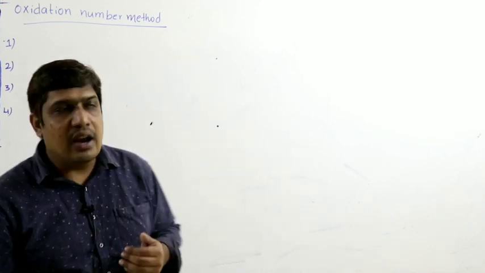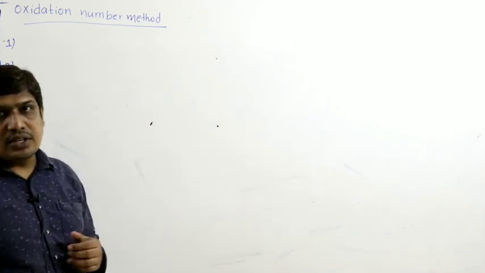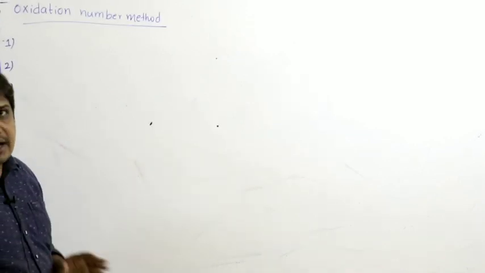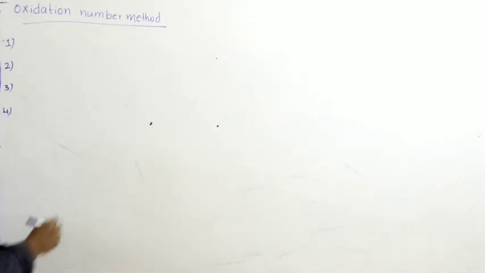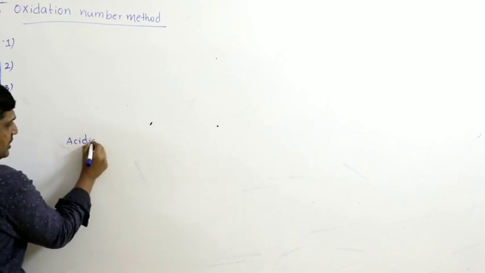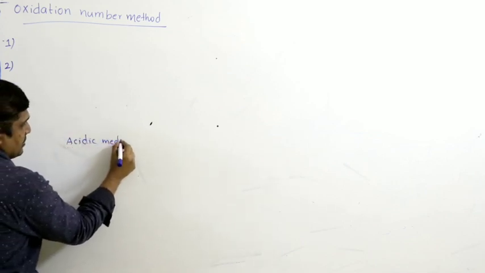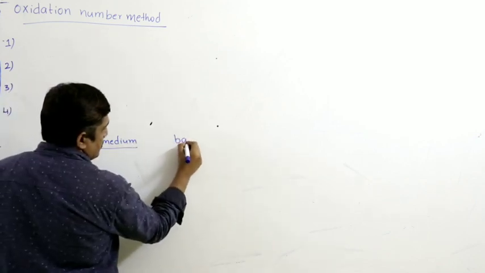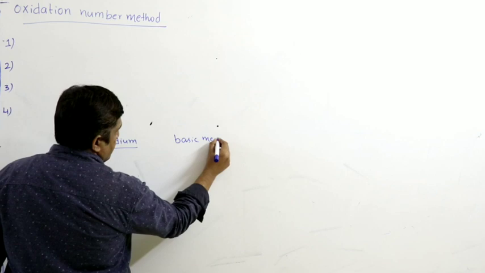So balance all atoms other than oxygen and hydrogen. After balancing all atoms, then go for oxygen and hydrogen. So how to balance oxygen and hydrogen? First check whether it is acidic medium or basic medium, in which medium the reaction is carried out. So it plays an important role here.